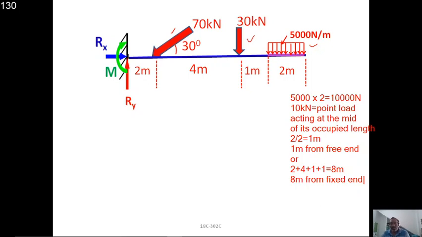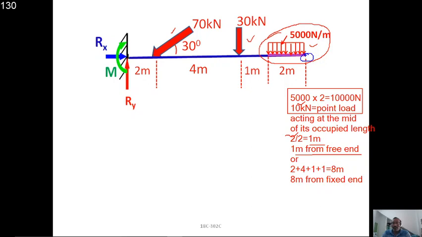First, what we did is convert the UDL into a point load. Therefore, this entire UDL is equivalent to 10 kilonewtons and it is acting at 1 meter from the free end. Where is the free end? This is the free end point.